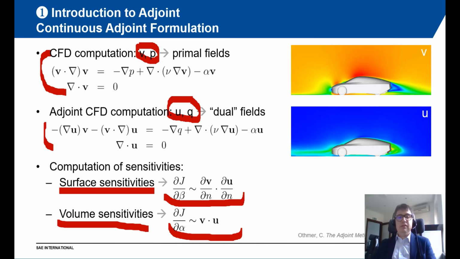So as such, the gradient computation is tremendously simplified. You don't need to do finite difference or other differentiation methods to calculate the surface sensitivity. You just need to calculate two different finite volume solutions using the standard methods available.